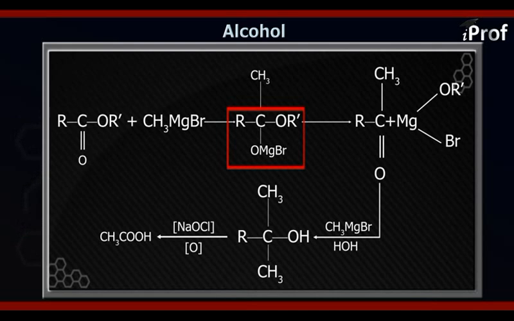Now if you see the further question, it says that alcohol B reacts with the NaOCl. Now I told you that this NaOCl is basically a reagent for the haloform reaction.